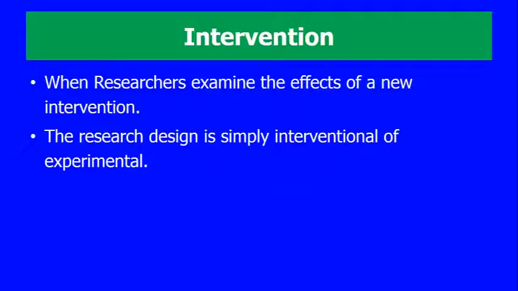Example, when you are testing a new medication, a new surgical technique, a new way of intubation, whatsoever. So if you are testing a new drug or a new technique or new instruction method, this is interventional or experimental design.